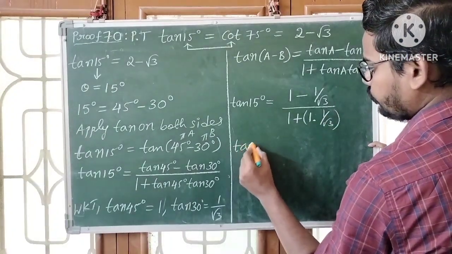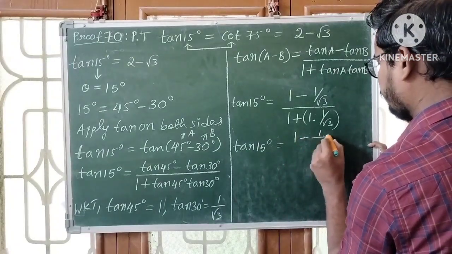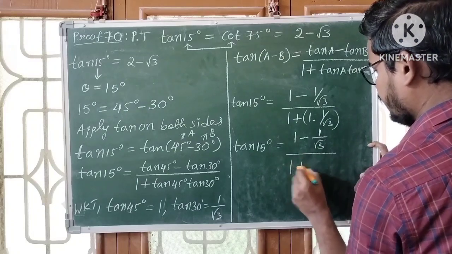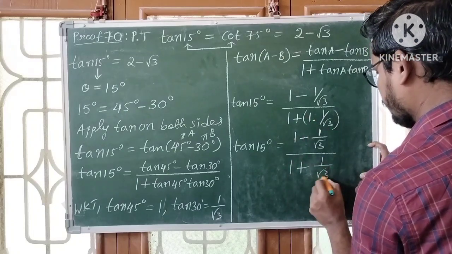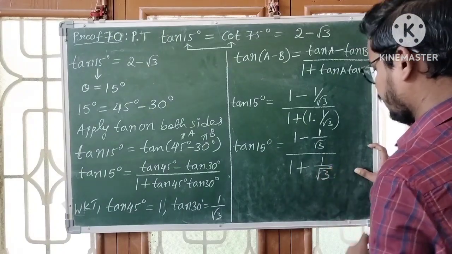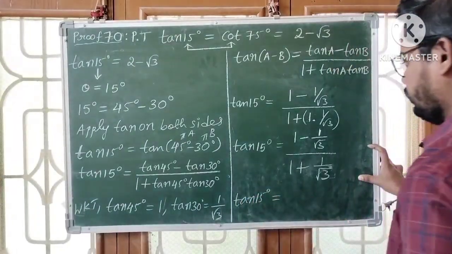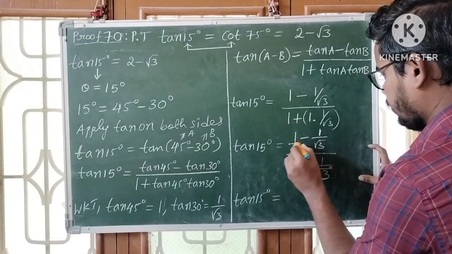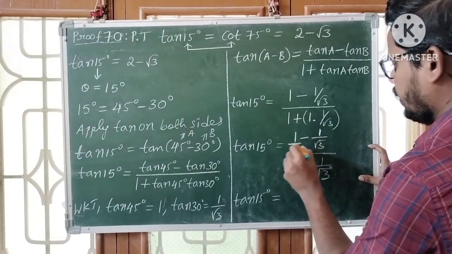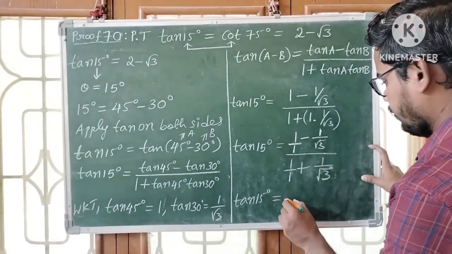So tan 15 degrees is equal to 1 minus 1 by root 3 by 1 plus 1 by root 3. Here we can write 1 as 1 by 1, because 1 by 1 equals 1. Now simplify the numerator fractions and denominator fractions separately.